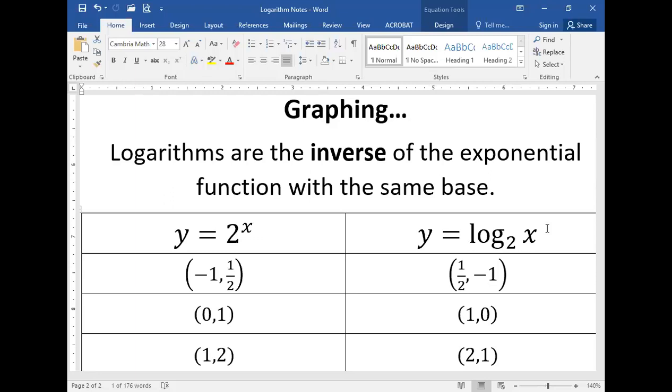The other thing is these graphs have an asymptote. Y equals 2 to the x has an asymptote. Does everybody agree with that? Where is the asymptote for the graph y equals 2 to the x? It's the x-axis. What's the equation of the x-axis?